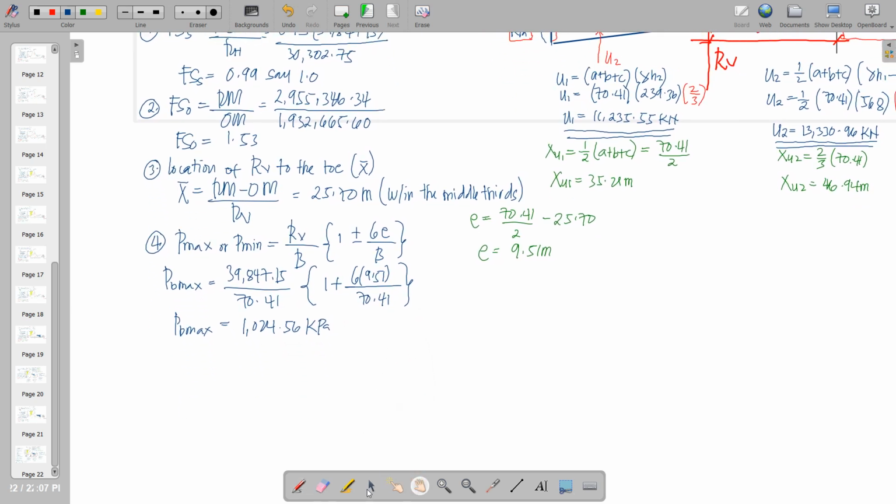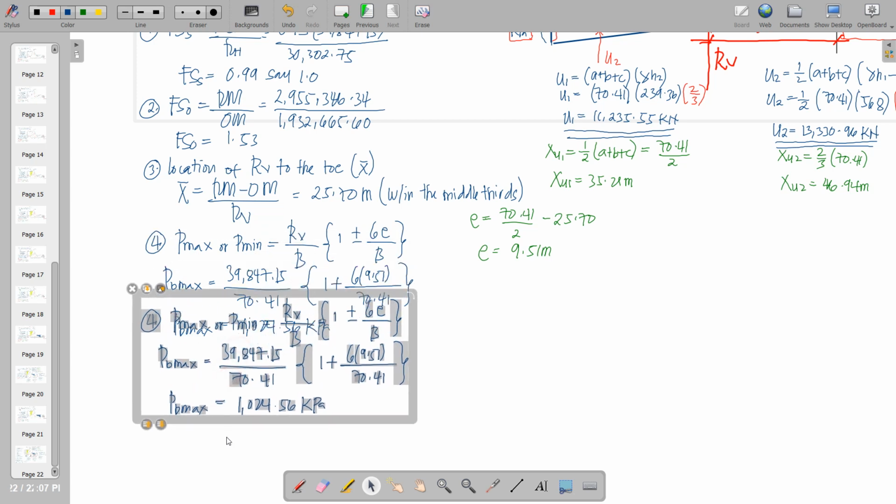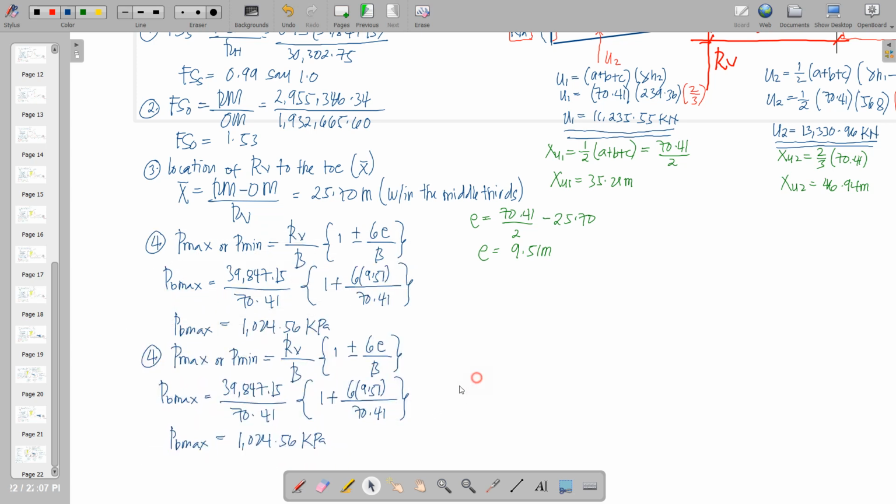Likewise, for our minimum base pressure, we just have to modify this one, and the operation here will become minus.